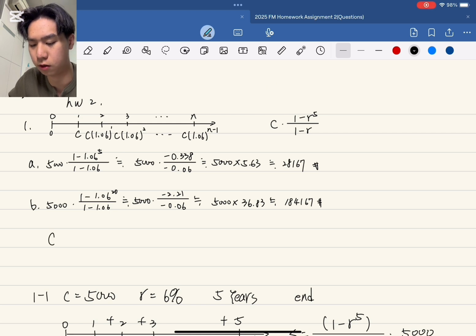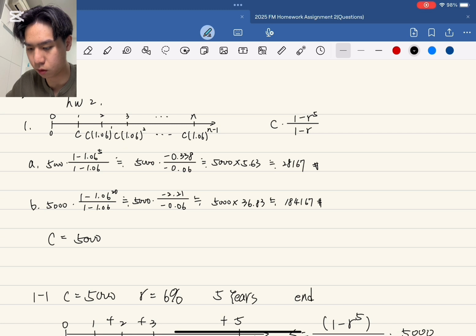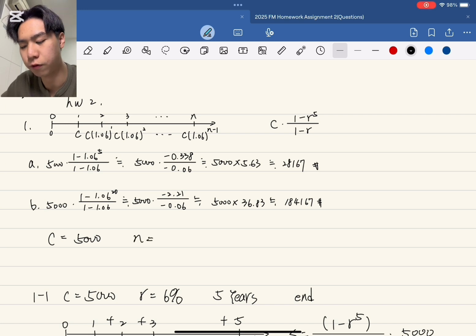First, the cash flow is 5,000 each quarter. So we can receive it for 5 years and for 4 quarters each year.